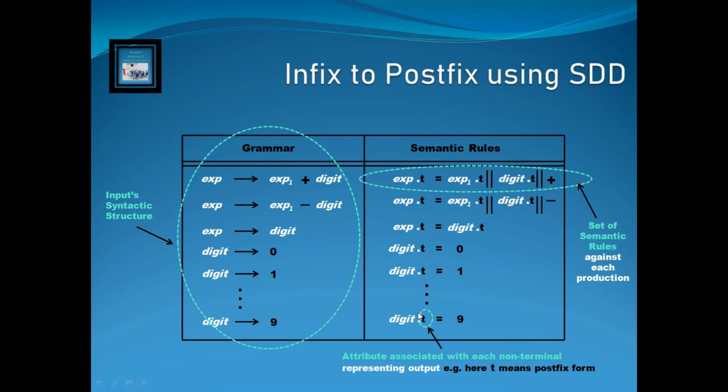We already learned that here T means some attribute that is associated with a grammar symbol. For example, here digit dot T: the grammar symbol is digit and T is the attribute associated with digit, and it shows the postfix form of this digit.